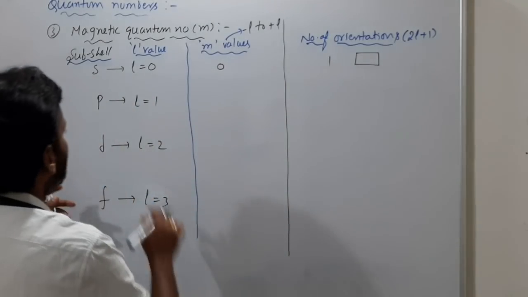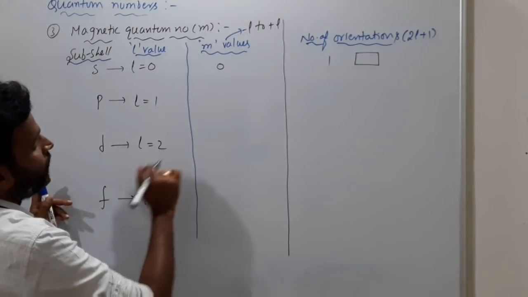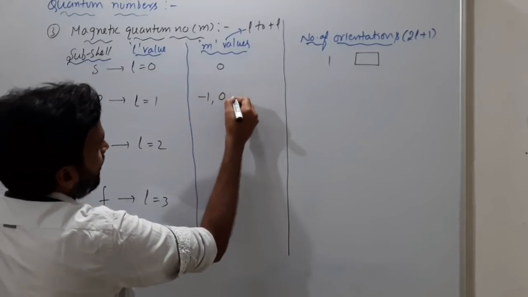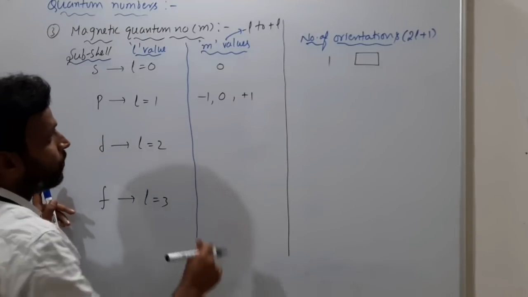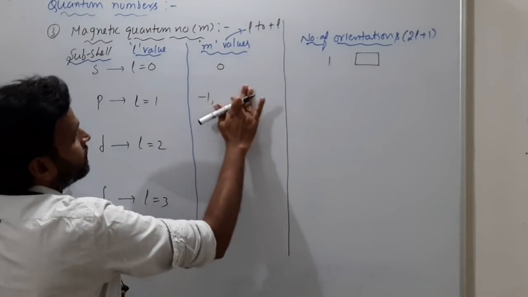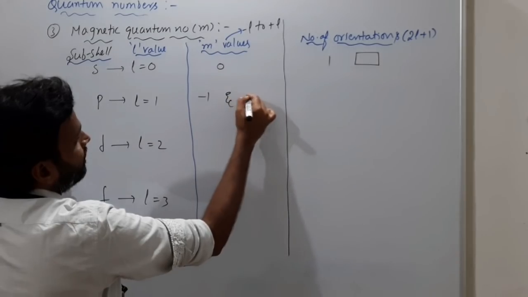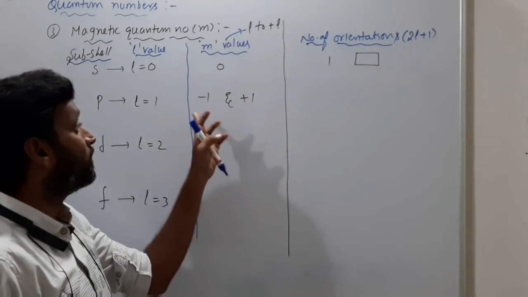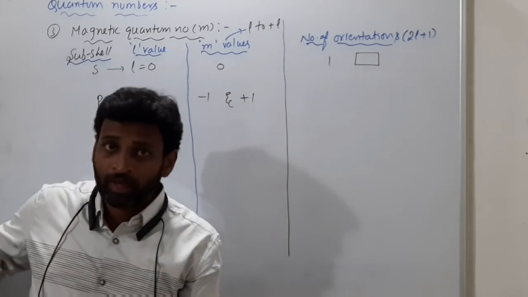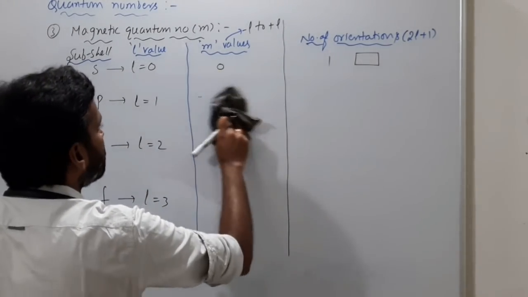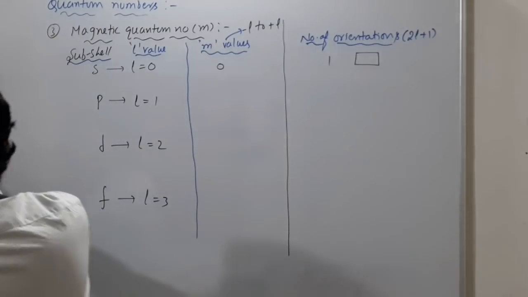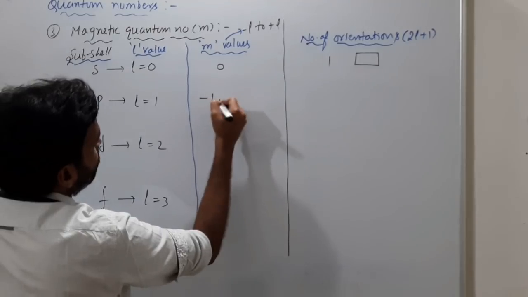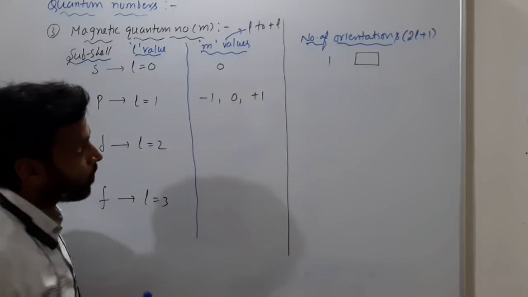Now p, l value 1. What are the m values? Minus 1, 0 and plus 1. Few people say only minus 1 and plus 1, but the values in between also count. So minus l to plus l means minus 1, 0 and plus 1.